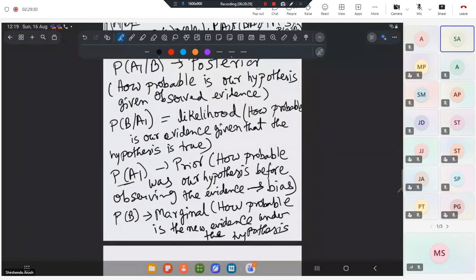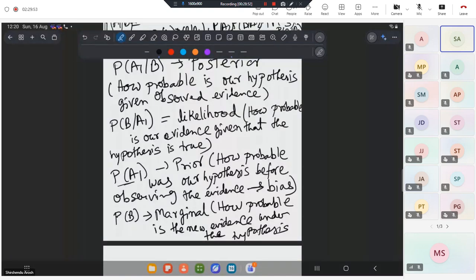So this is the meaning of these four terms in terms of probability. Of course, we'll talk more about this after we understand hypothesis theory, and how it is applied in the calculations and everything.